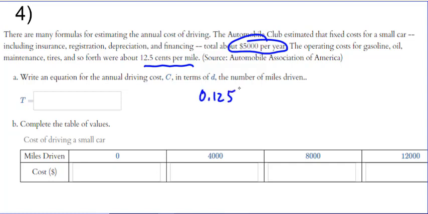That's a rate times D plus 5,000. So that's T equals. I just wanted to set this problem up, and based on the other videos, you ought to be able to do this one. Okay, this concludes the Section 1.1 Part 2 video.